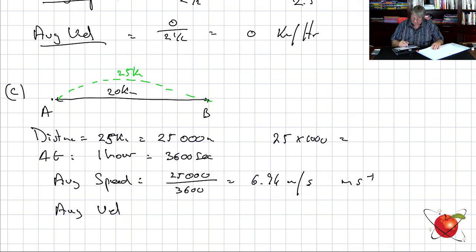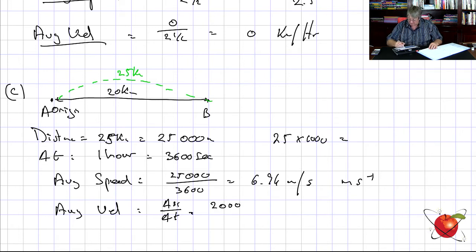Average velocity: velocity is displacement. What's the displacement from the origin? It's 20,000 divided by 3,600, which is going to be 5.56 meters per second. So that's your average velocity and your average speed.